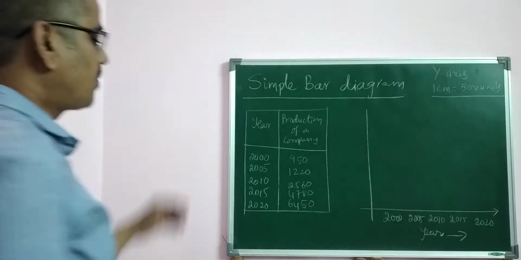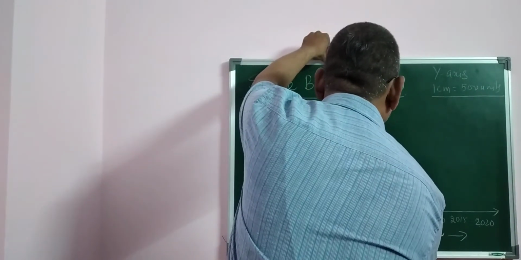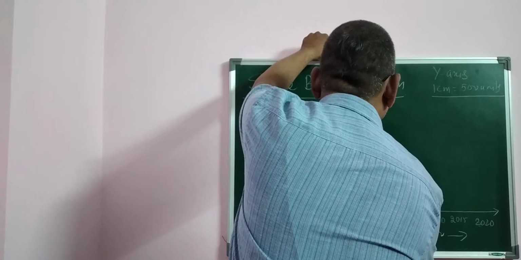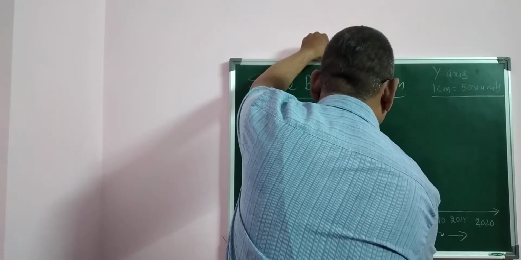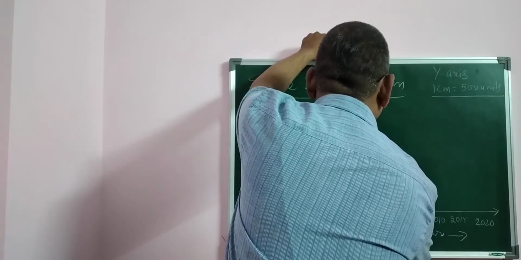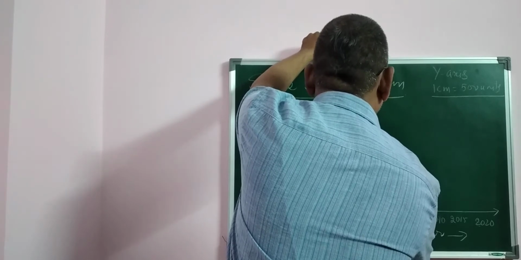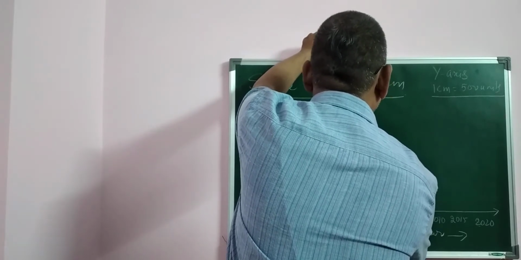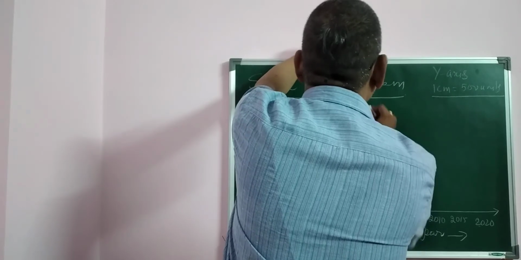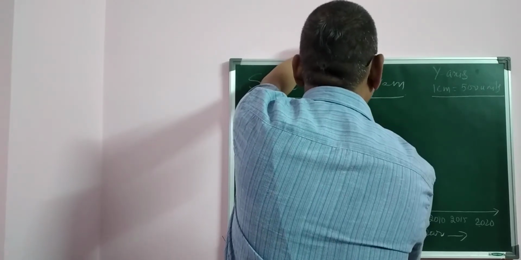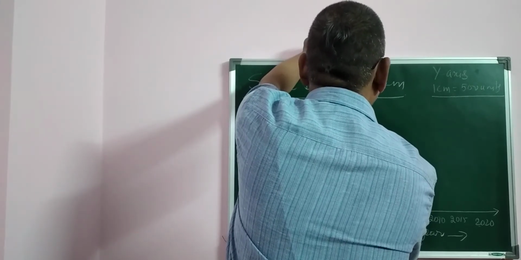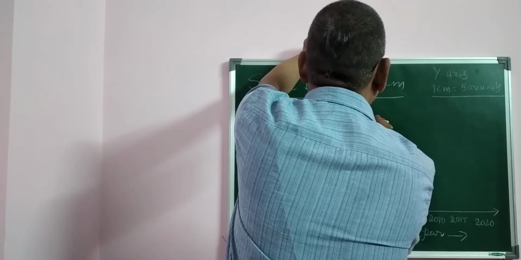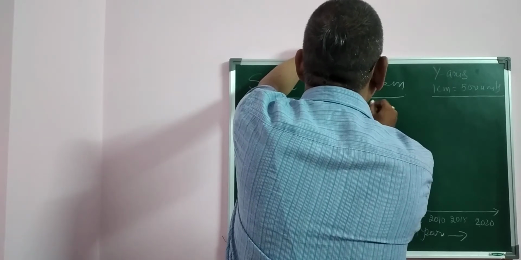Now I am representing here 500, 1000, 1500, 2000, 2500, 3000, 3500, 4000, 4500, 5000.